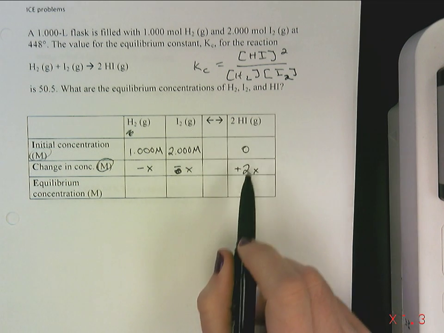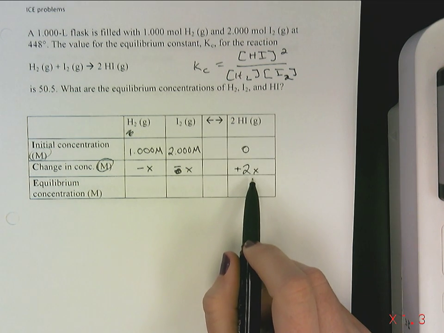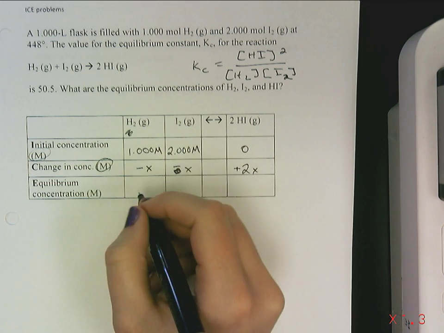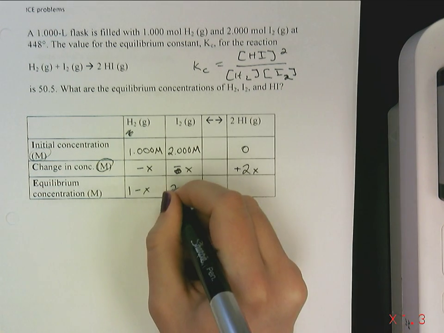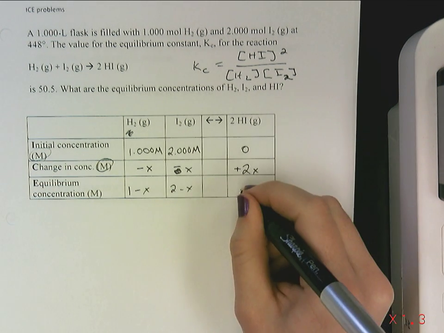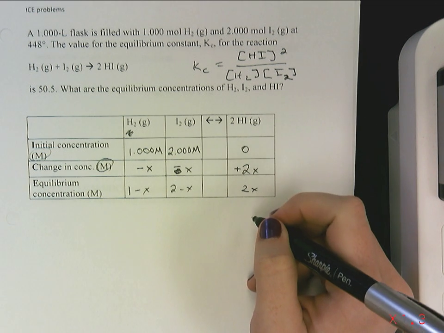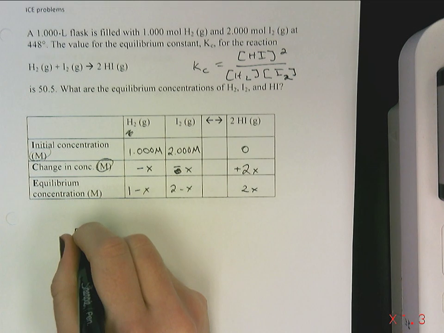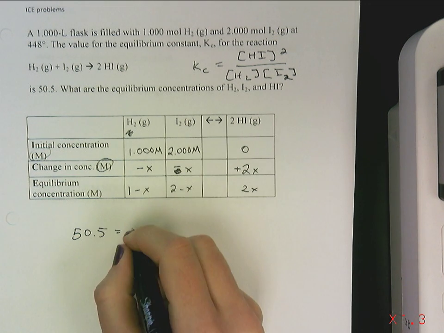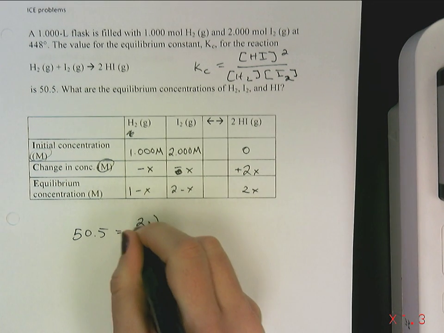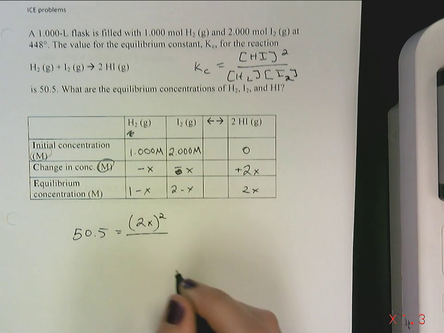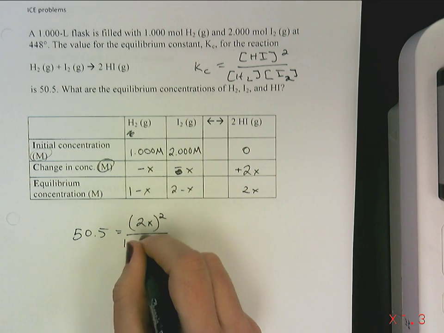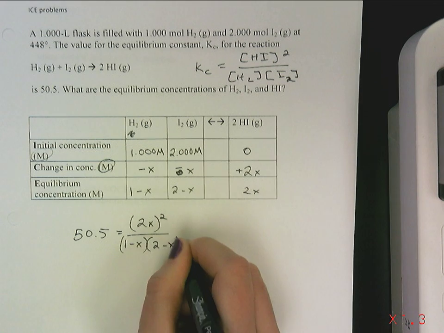So this coefficient up here is going to be reflected in my algebraic expression. So the equilibrium concentrations are 1 minus x, 2 minus x, and 2x. Okay, so in this case, we have to fill in our Kc expression. Remember that was 50.5 is going to be equal to 2x squared over 1 minus x, 2 minus x.